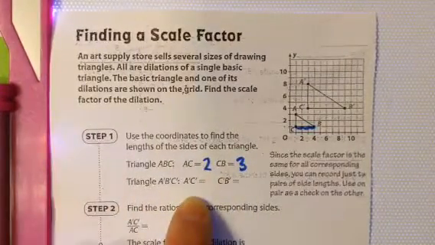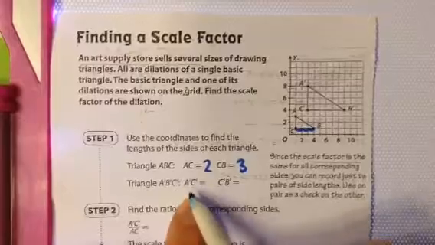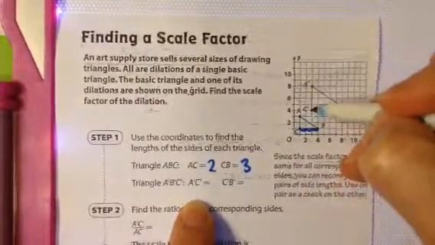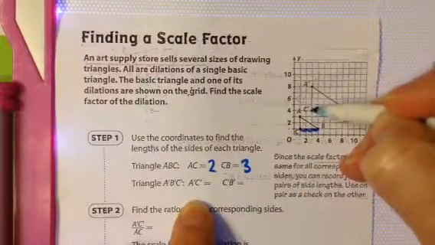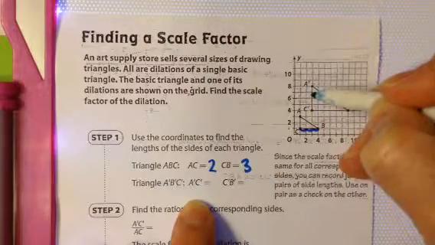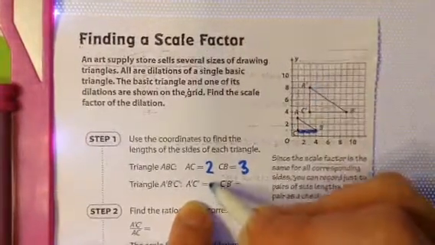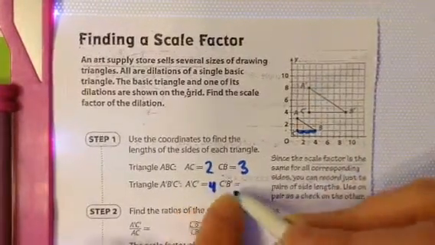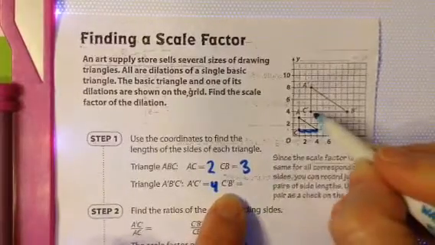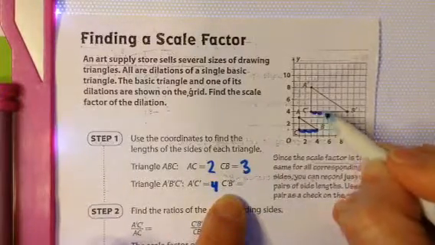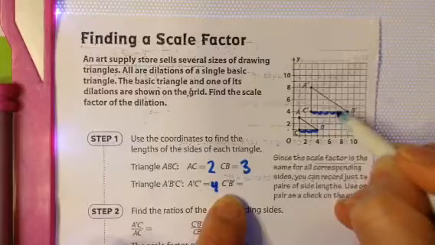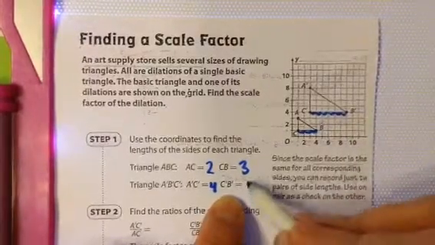On the other triangle, the new AC, if I go count the units, it's 1, 2, 3, 4. And the new CB is 1, 2, 3, 4, 5, 6.